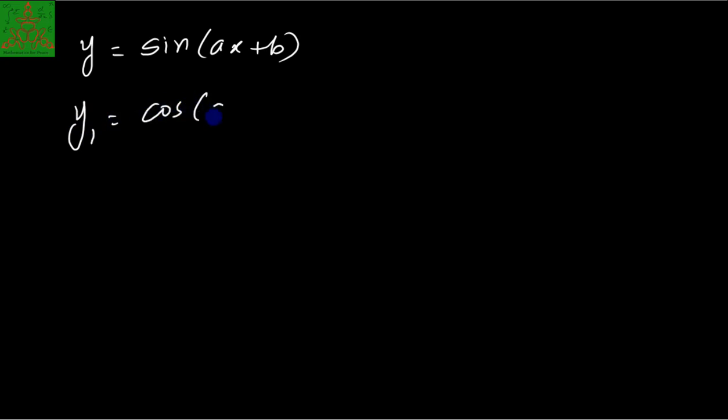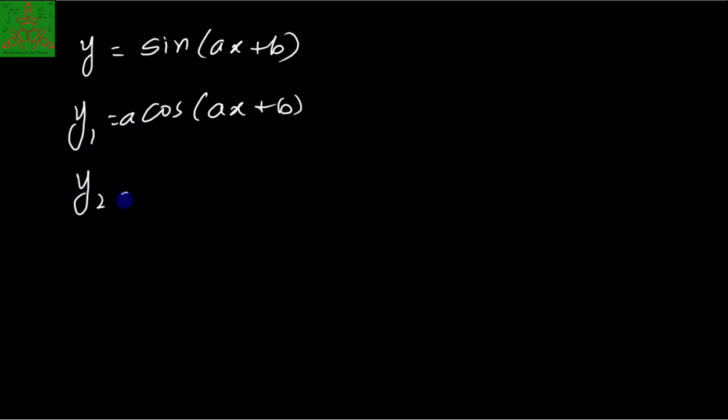So for the very important class of trigonometric functions, the obvious question arises: what will be the nth derivative of sine ax plus b, where a and b are real numbers? As we know, the first derivative is cos ax plus b, and the derivative of ax plus b gives you a.